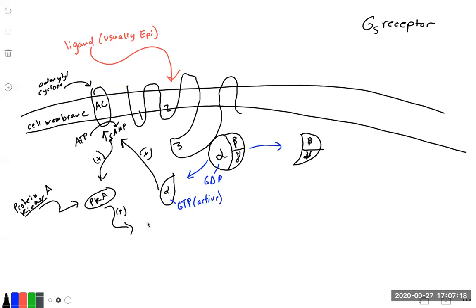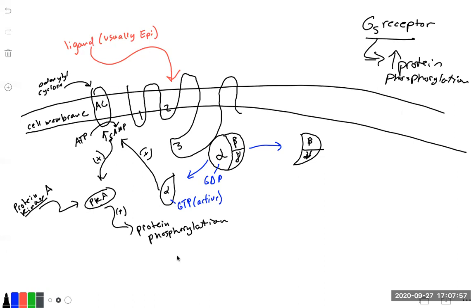So it is going to increase protein phosphorylation. And protein phosphorylation could activate some proteins. It could be inactivating some proteins. Phosphorylation is different on proteins, but the big picture is this: GS receptors increase protein phosphorylation.